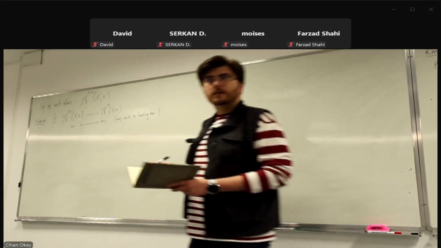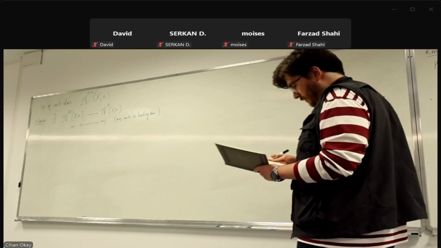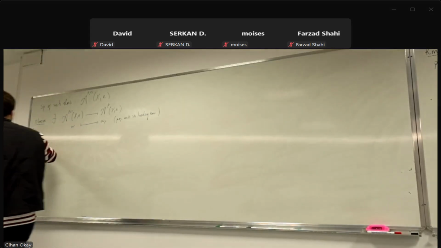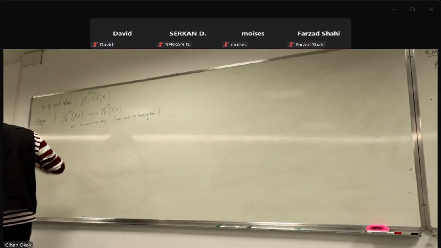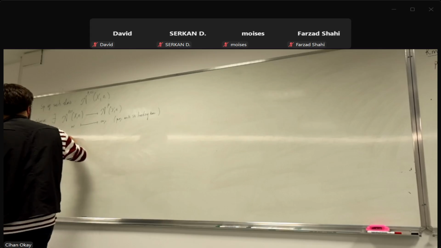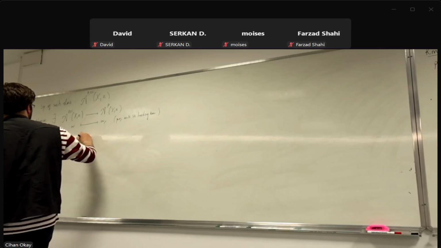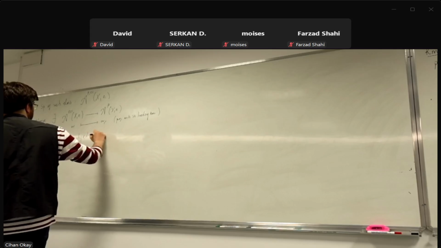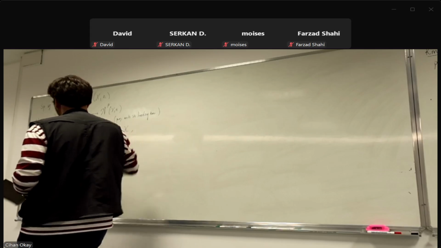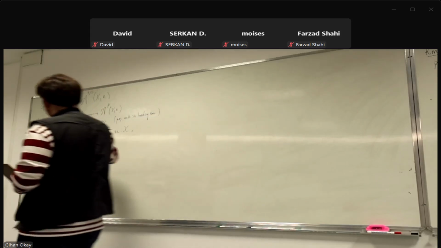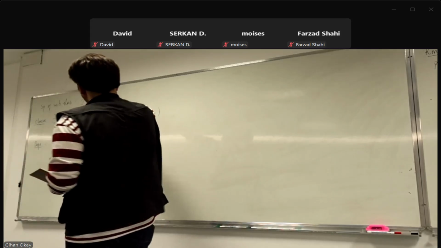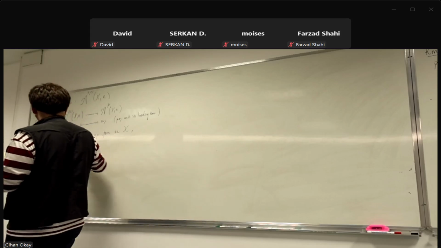So therefore, we have finally the following definition. By an n-shifted symplectic form or symplectic structure on X, we mean the following. We have a two form, as you may guess.